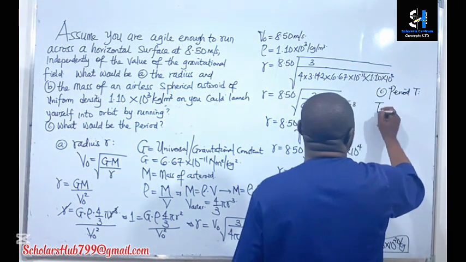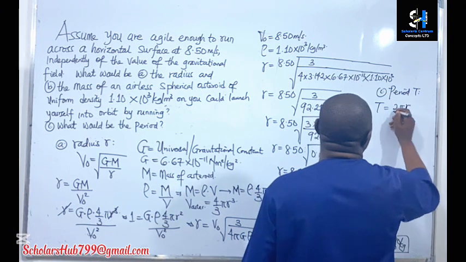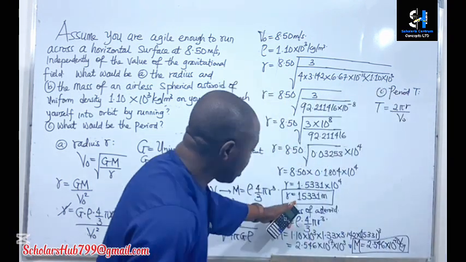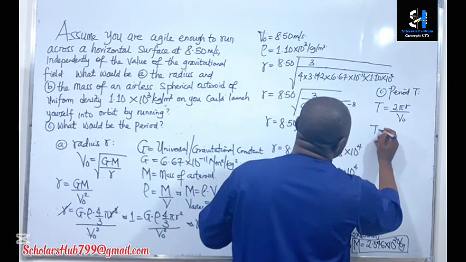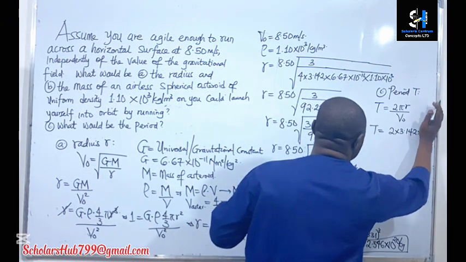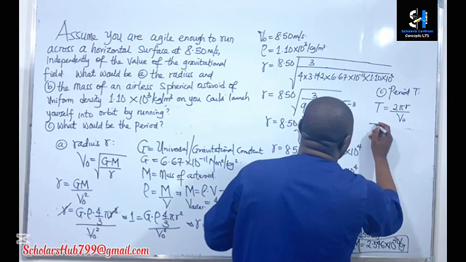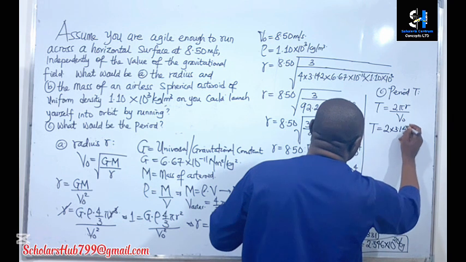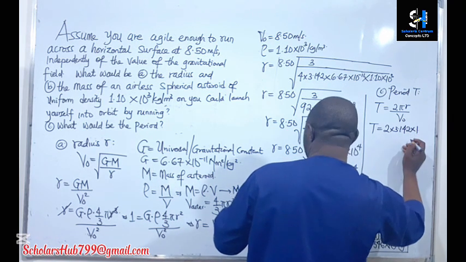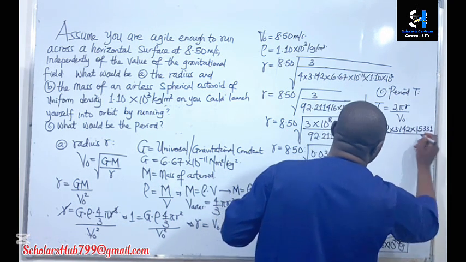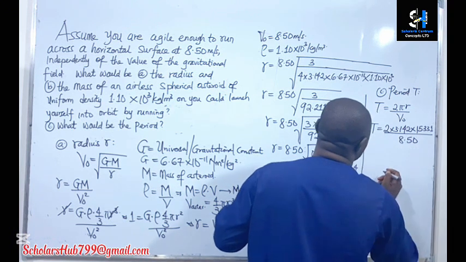The period in this case will be 2 pi r over the orbital velocity. So we got r to be this. So t equals 2 times 3.142 multiplied by the radius, which is 15331, then we divide it by 8.50.